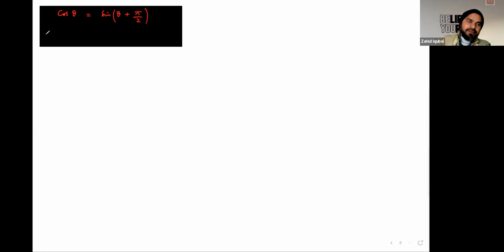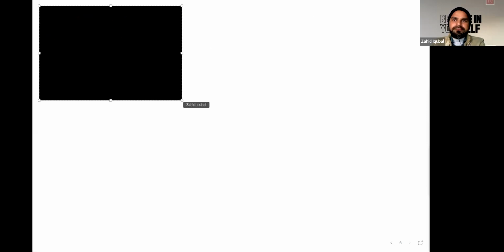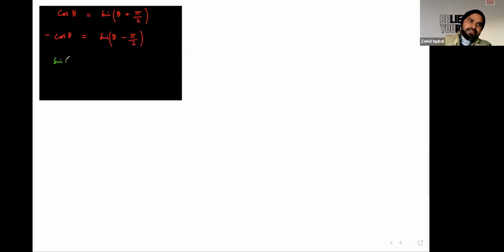But if you have minus of cos theta, you may write it as sine of theta minus pi by 2. Next, if you have sine theta with a negative sign, you may write it as sine of theta plus pi, or sine of pi plus theta.